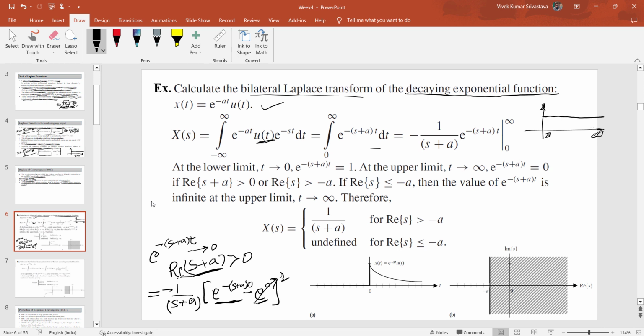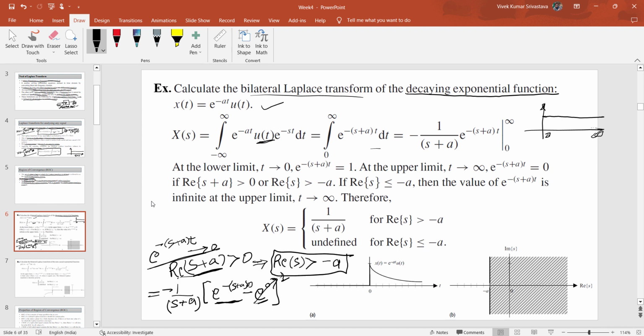Only then will e raised to the power minus infinity tend to 0, meaning it will be a finite value. So from here we can say that the real part of s plus a will be greater than 0. Now if we solve it, the real part of s will be greater than minus a.